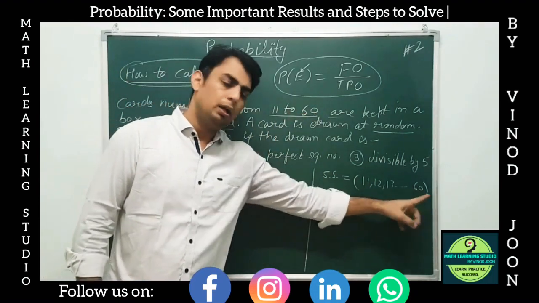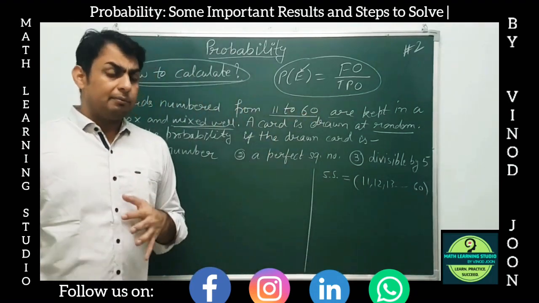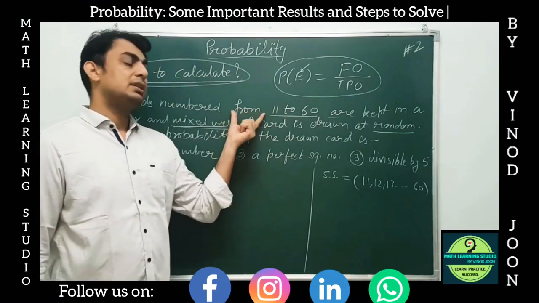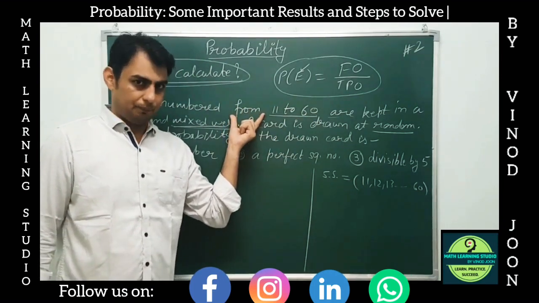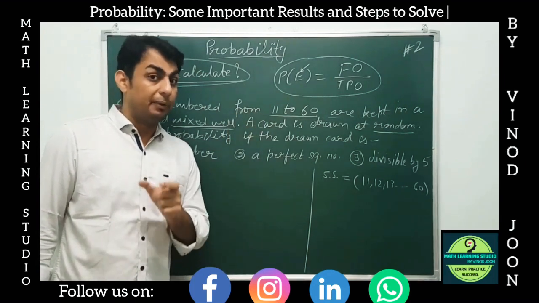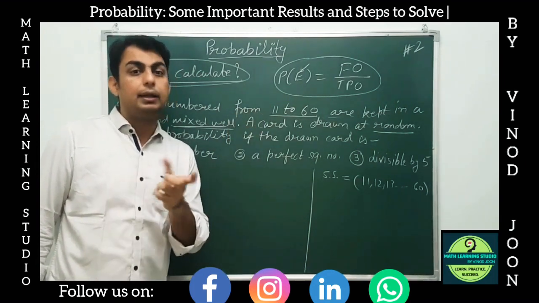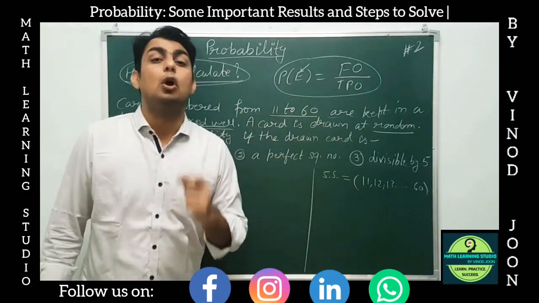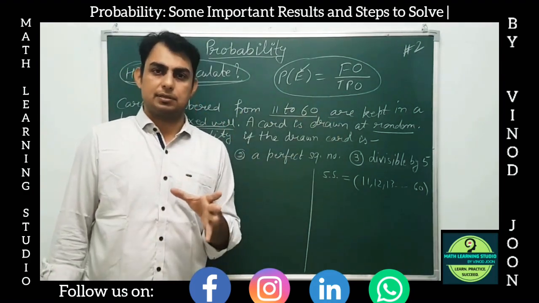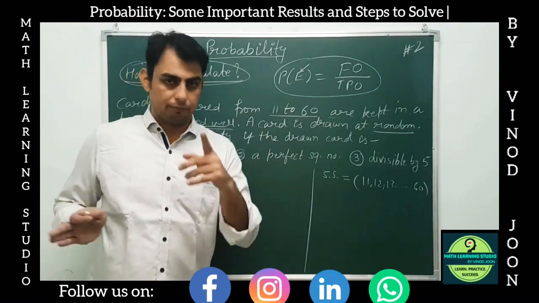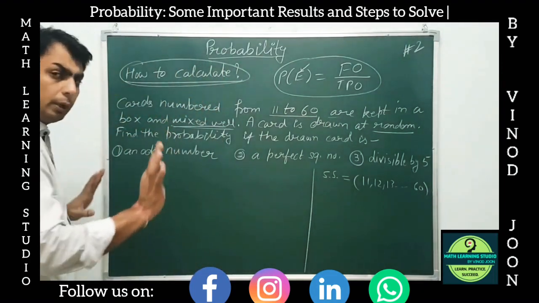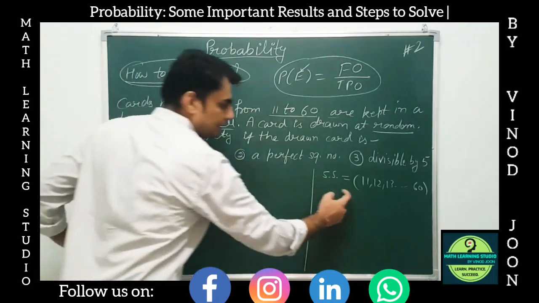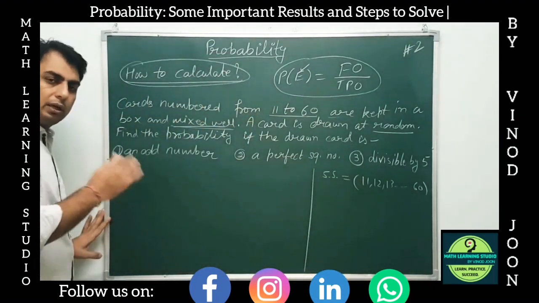Sometimes this same question can be a bit confusing if we write the word between here. In the previous part I told you that between means excluding the limits. So if it is written between 11 to 60, then we will not count 11 as well as 60. Both will be excluded. Keep that in mind. But here we are including them. So the sample space is 11, 12, 13 till 60.